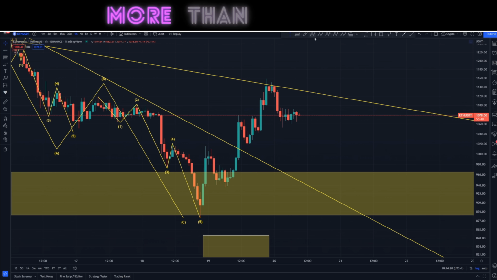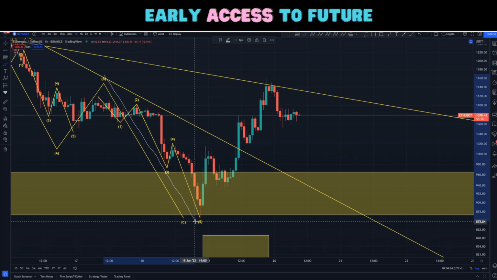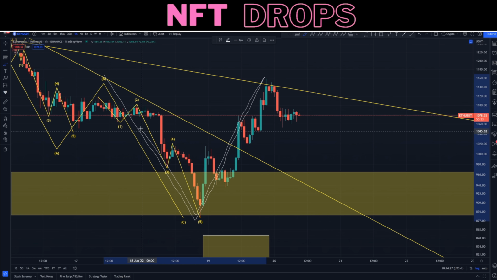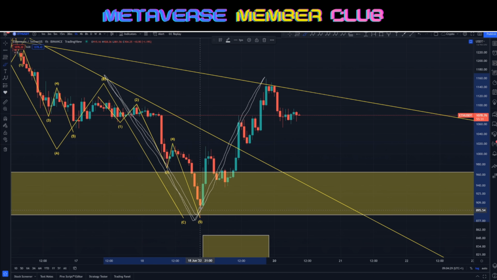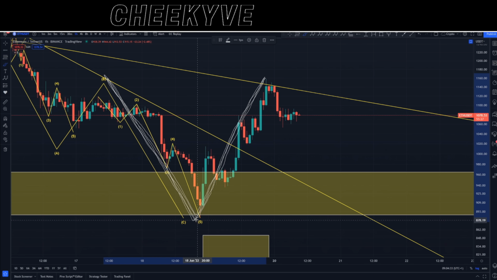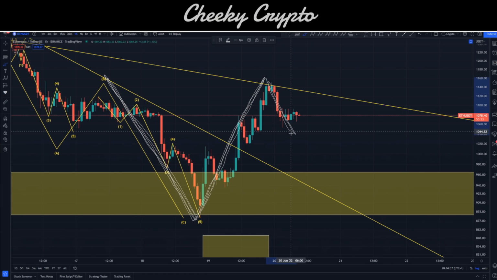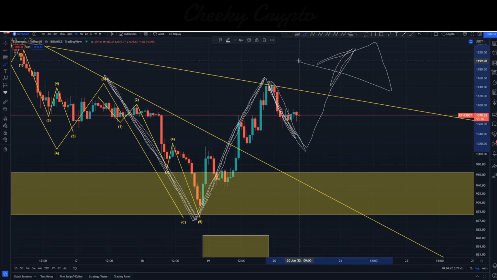The other thing that's also worth noting is you have a V bottom right in here, right? We come down and we bounce right up, this kind of V shape. These also don't tend to fare too well in the space, so we should be cautious with this kind of shape as well. Some people will say it looks like a cup and handle, and you'll have this little handle pattern forming down here, and then you go to the moon that way.